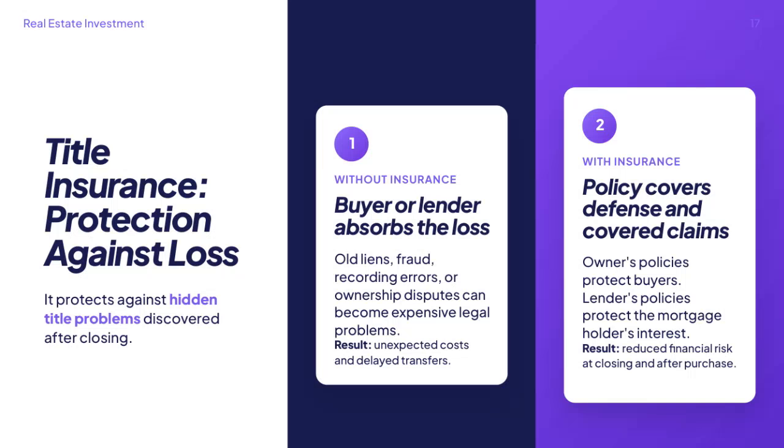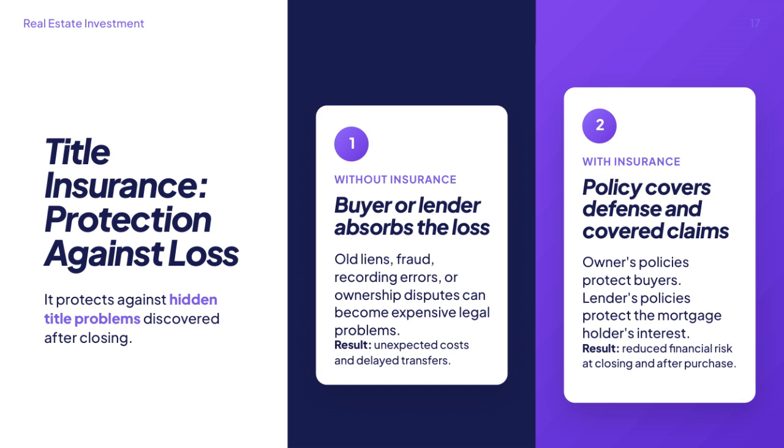Title insurance is a crucial protection that guards against hidden title problems that may surface after closing on a property. Without title insurance, any issues like old liens, fraud, recording errors, or disputes over ownership become the responsibility of the buyer or lender, potentially leading to costly legal battles, unexpected expenses, and delays in the property transfer.